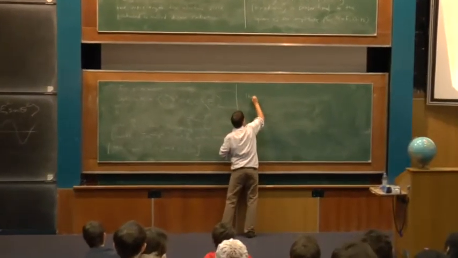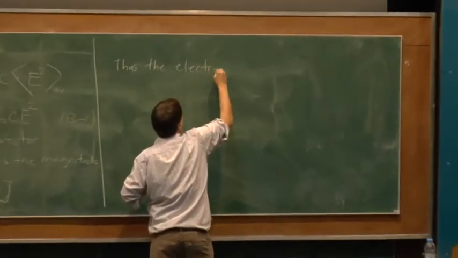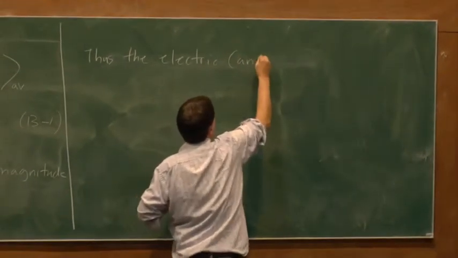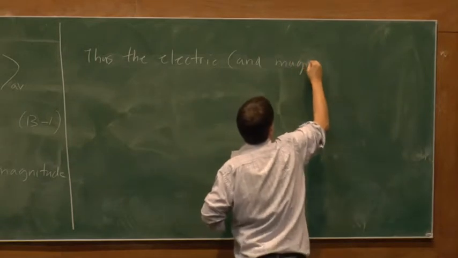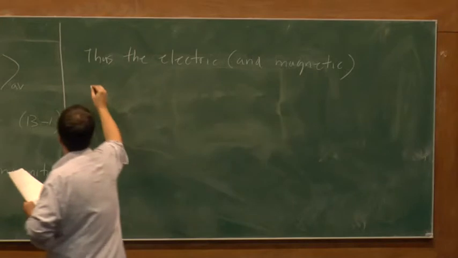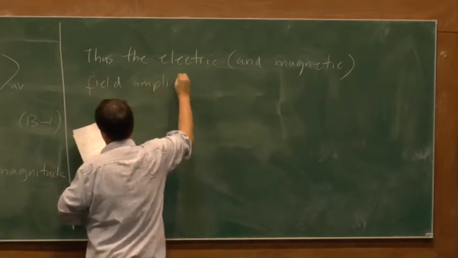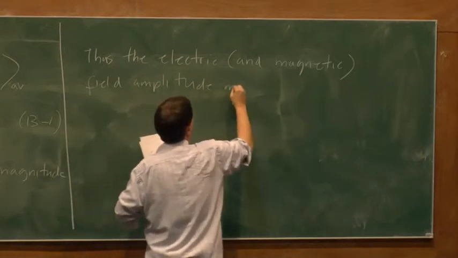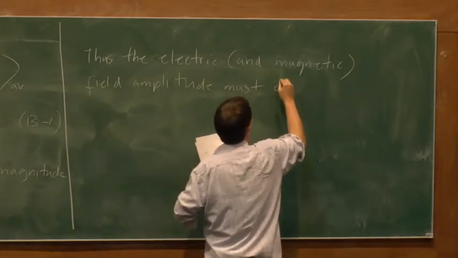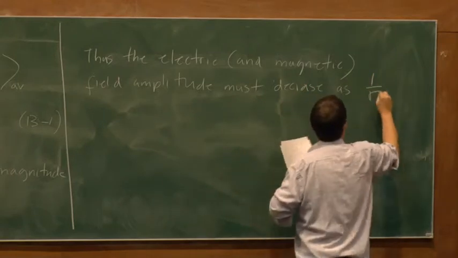Thus, the electric and magnetic, it is an electromagnetic wave, even though we're going to concentrate on the electric part, field amplitude must decrease as 1 over r.